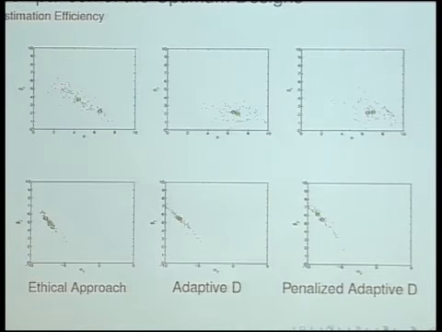The red is true, the green is the mean after 100 simulations. That's not very good. This D works very well and penalized D quite well as well. Ethical approach wasn't too bad for the other two parameters, alpha 2 and beta 2. But anyway, as we would expect, the purpose of D is estimation, so it must give us better results than anything else.